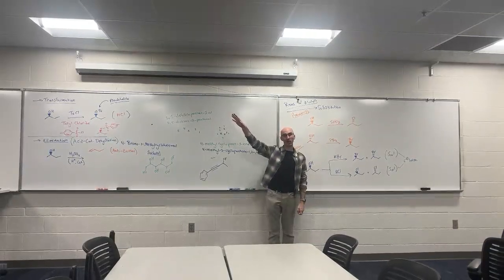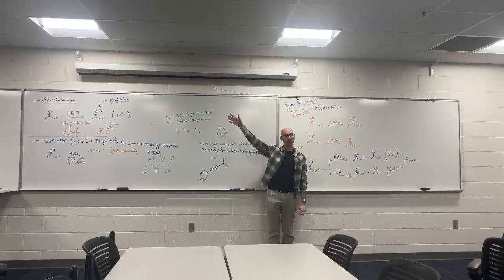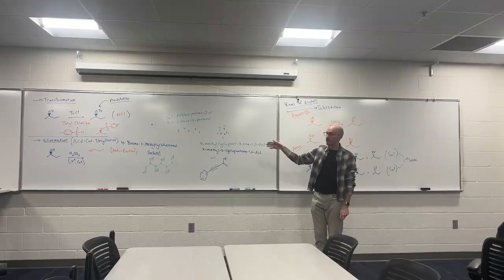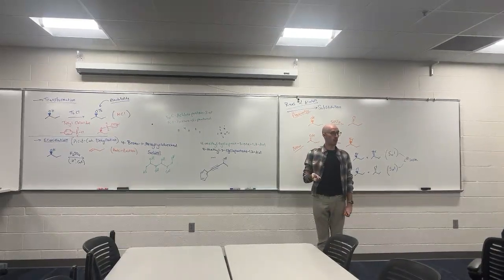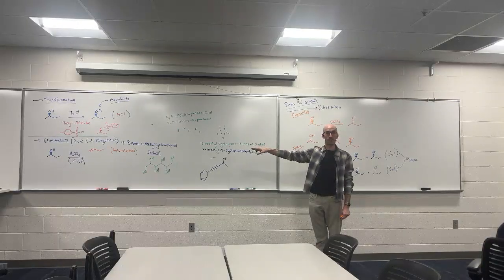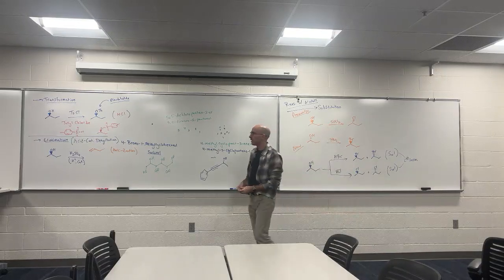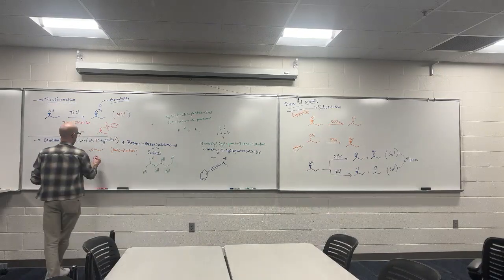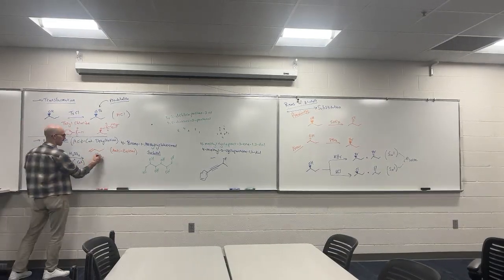We've talked a lot about Markovnikov. Zaitsev never did a thing wrong in his life. Zaitsev says the most stable alkene is the alkene that will form. And this is not the most stable alkene that can form. So we call it the anti-Zaitsev product because it's the less stable one. As it turns out, it does form. This forms less than 1%. I don't actually have good numbers, but we're going to say a very small amount.